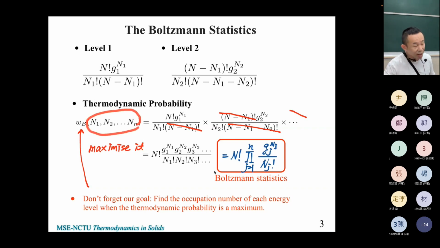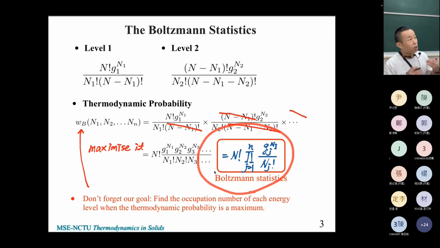We need to find the solution of N1, N2, N3 to Nn that maximizes W_B, to make this the greatest possibility. So this is our goal.